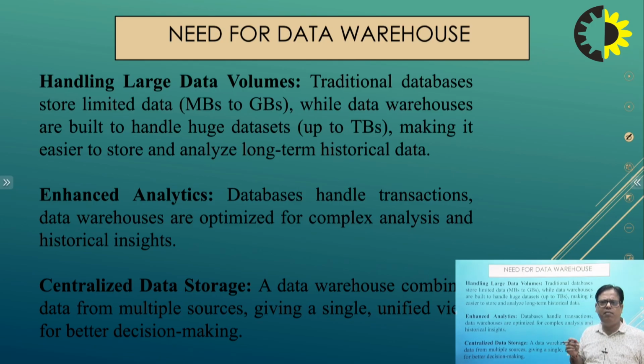There is basically one difference between DBMS and data warehouse. A DBMS stores operational data, transactional data, and day-to-day information. But in a data warehouse, we store huge, large-scale data. Historical data is stored in the data warehouse.